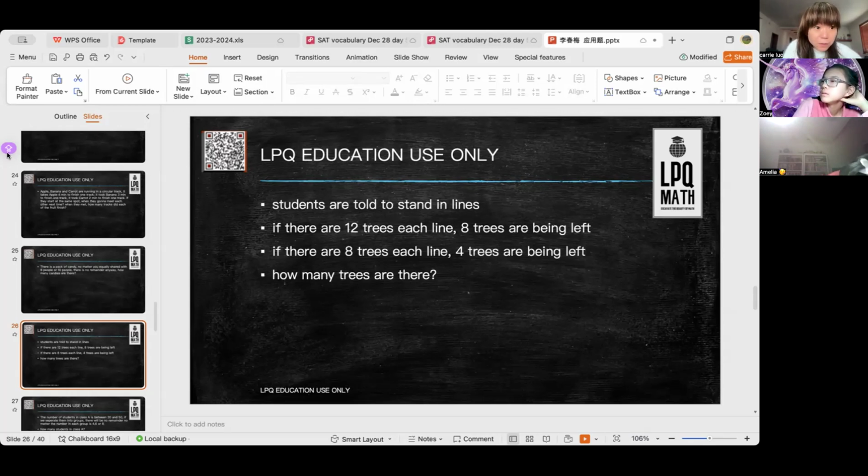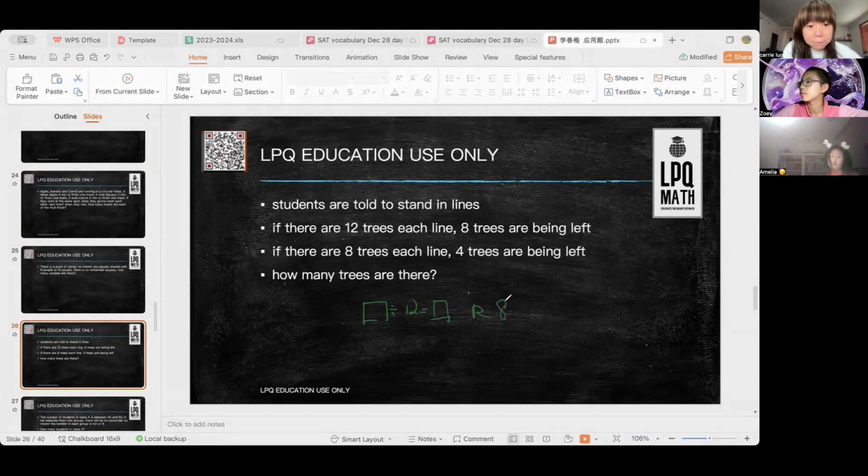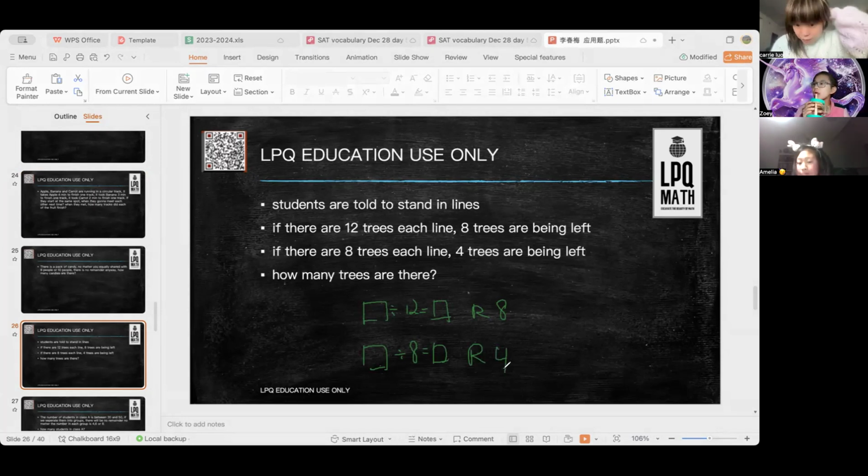Okay, so let's take a look at this one. A number divided by 12 equals something, and the remainder is 8, right? And a number divided by 8 equals something, and the remainder is 4. Correct? If this one equals 12, sorry, 20, so it must be 20.